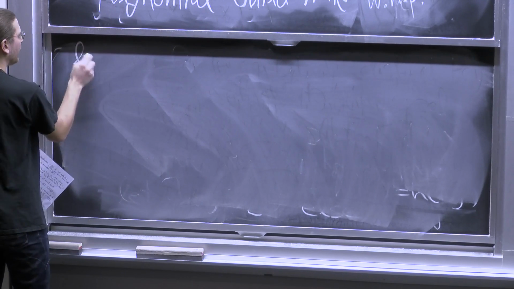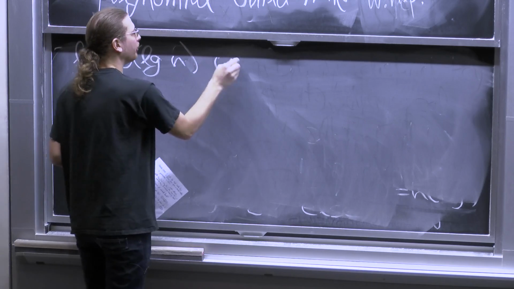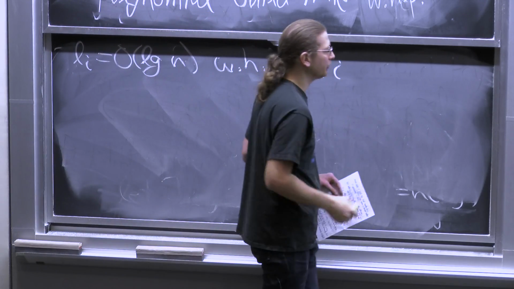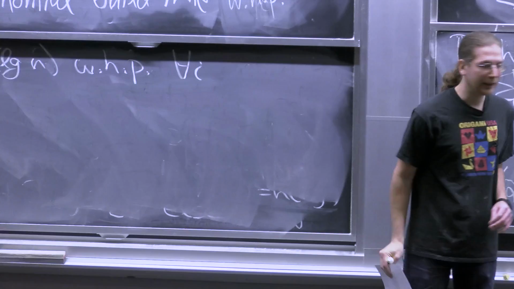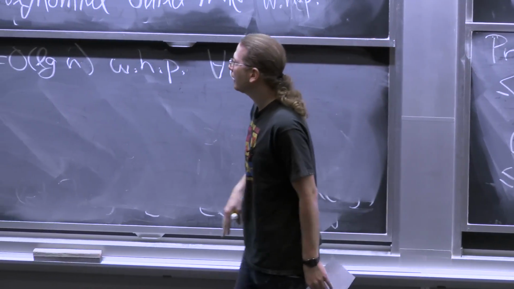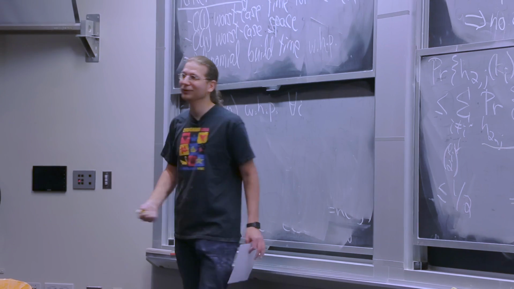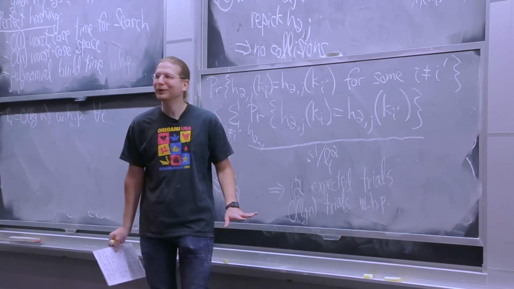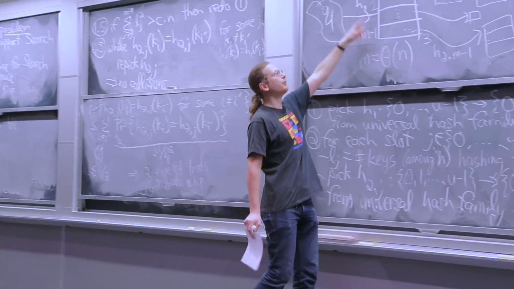So Li is order log n with high probability for each i, and therefore for all i. Because I can just change the alpha in my 1 minus 1 over n to the alpha and get that for all i, this happens. In fact, the right answer is log over log log if you want to do some really messy analysis. But logarithmic's fine for us.